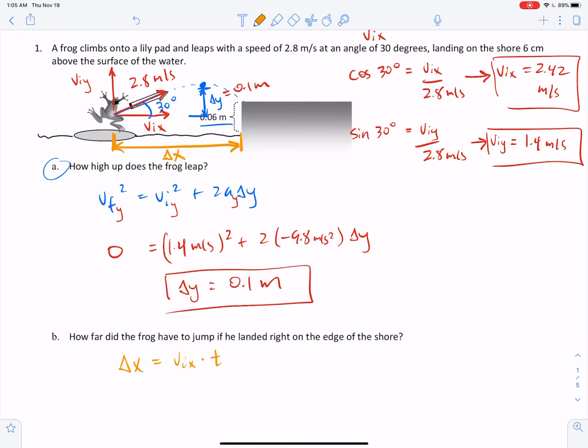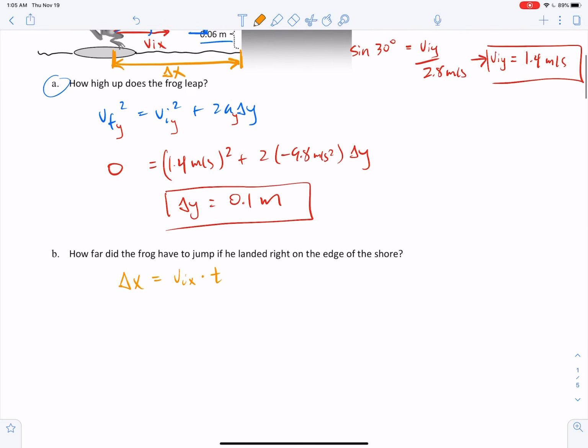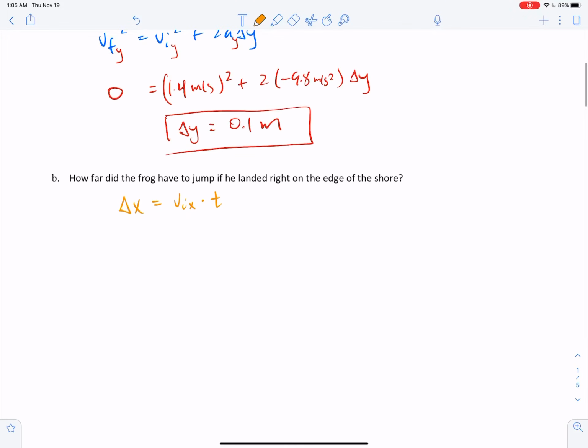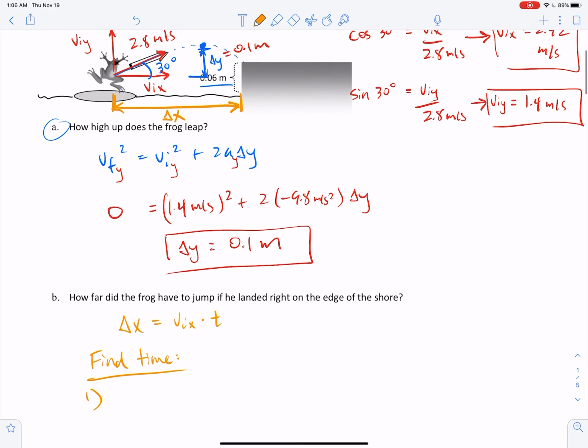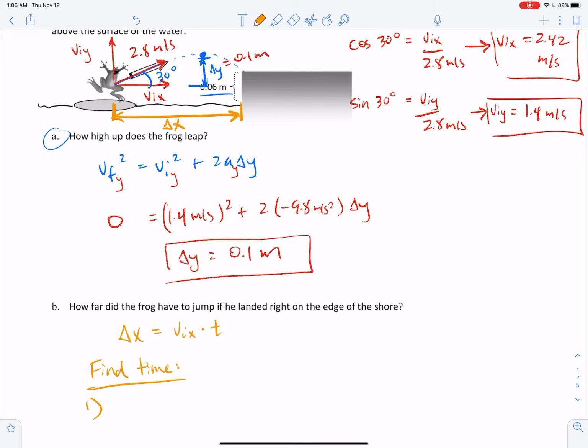I have V_ix, I do not have the time. So I need to figure out how long the frog is in the air. I'm going to take 2 steps to find the time. Okay, step 1, I'm going to figure out how fast the frog is going when it lands.